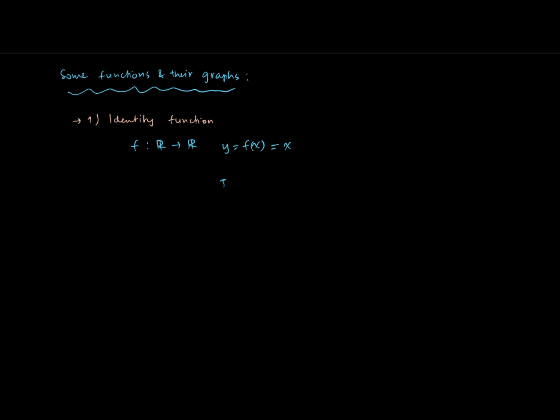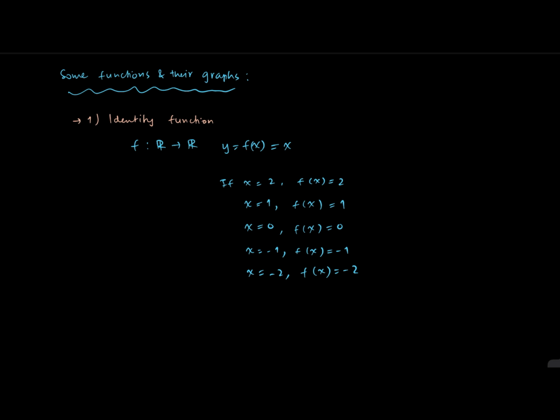Take for example, if x is 2, then f of x, which is y, will also be 2. Similarly, if x is 1, then f of x will also be 1. If x is 0, then f of x, that is y, will also be 0. Similarly, if x is negative 1, then f of x will also be negative 1. If x is negative 2, then f of x will also be negative 2.